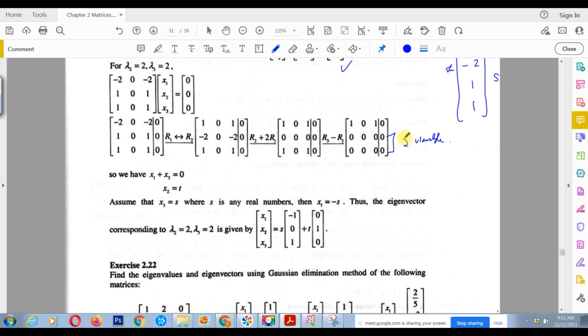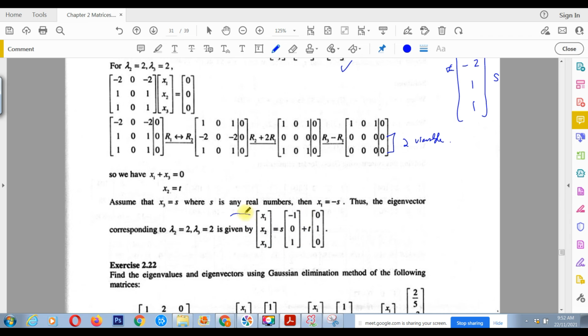First of all, we put s3 equals s, so s1 plus s3 equals 0, and s2 equals t, another number. Any other number is okay, just make sure it is not the same, because there is 0 also here.